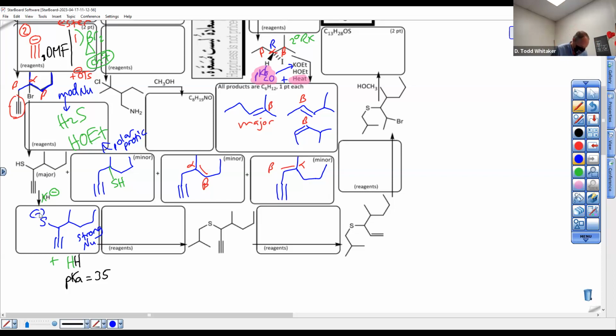That was terrible. Strong nu. I need a primary Rx because here's the group. Here's the group. Here's the group. Well, that was fun. It's got a leaving group on it. Primary Rx.